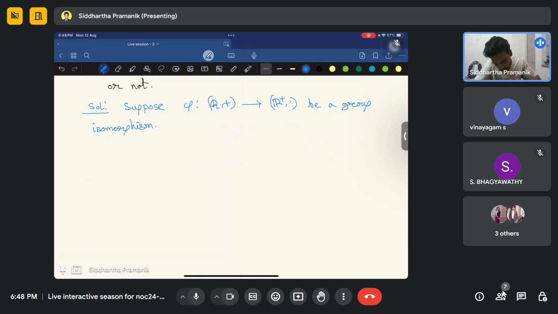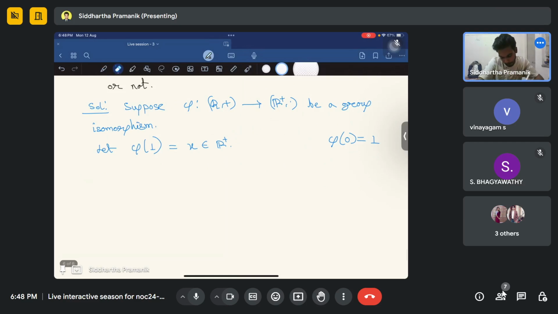Now the element 1 here should have a non-zero image because it is an isomorphism. The image of identity should be identity, which is 0 on the left hand side and 1 here. So phi of 0 is equal to 1. So let phi of 1 equal, let's say, x belongs to R plus.